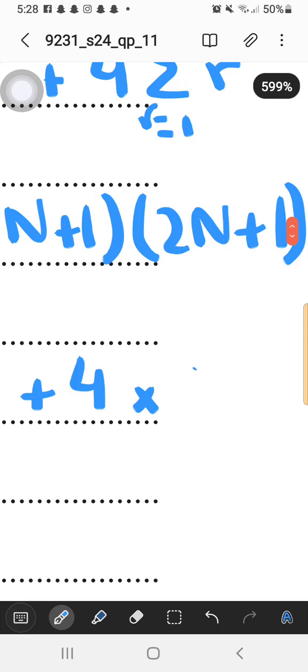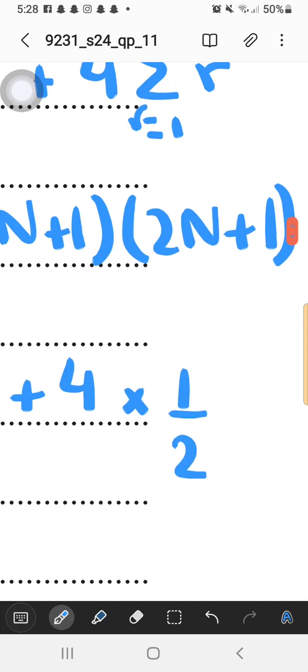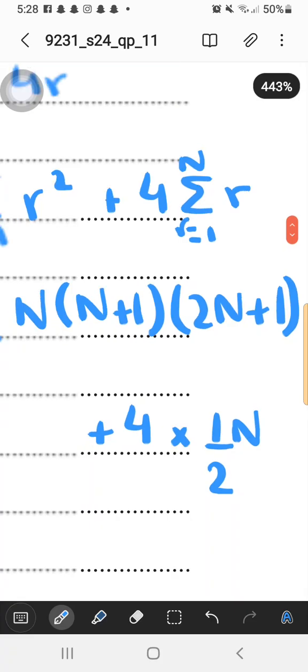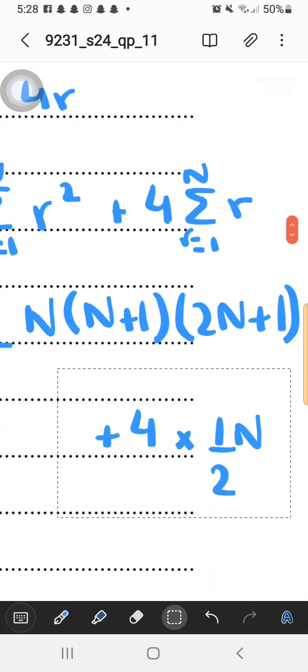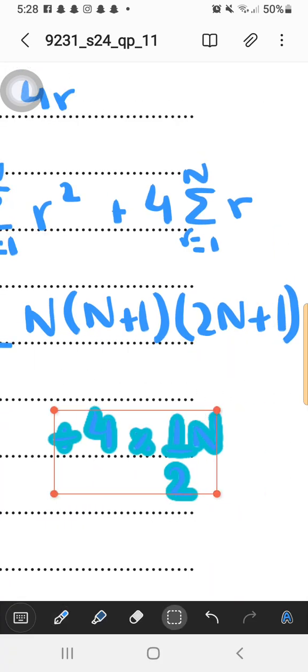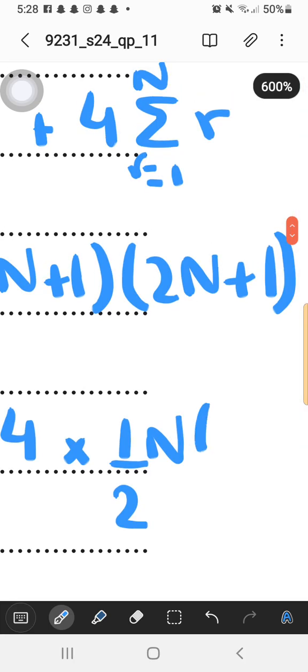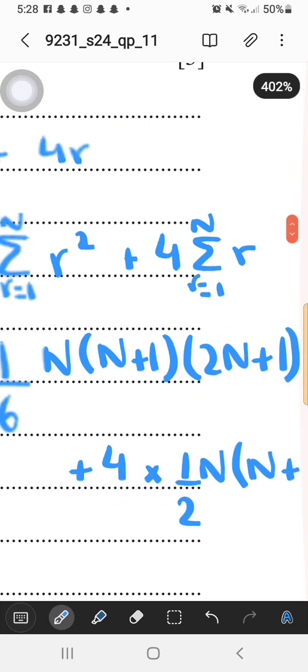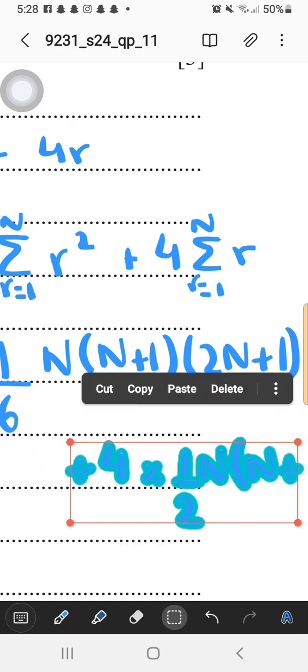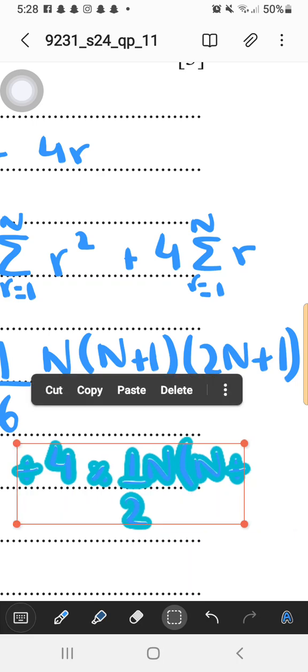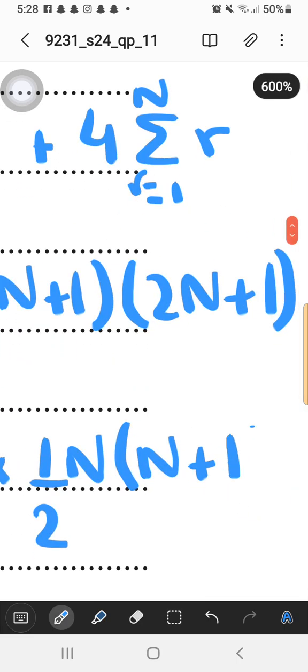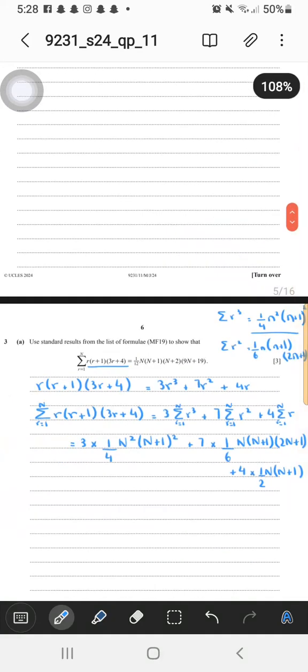It is 1/2 n(n + 1). Now we have to simplify. How will we simplify? What will be the key here?